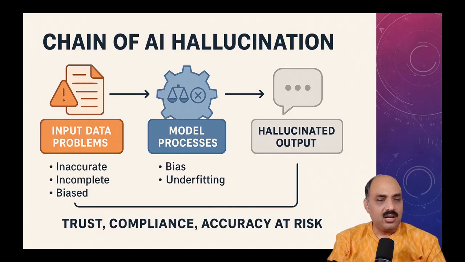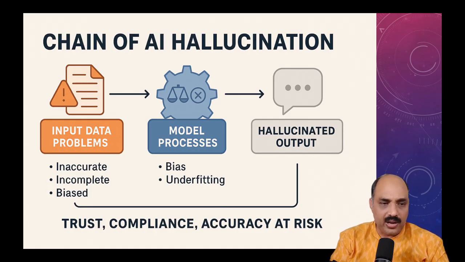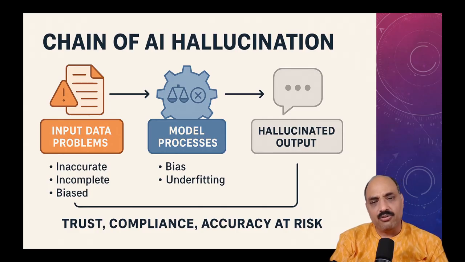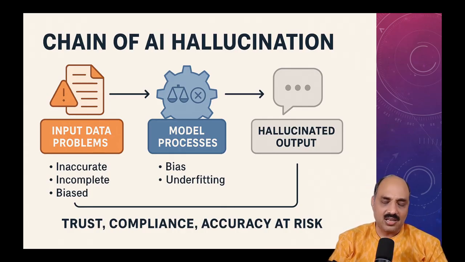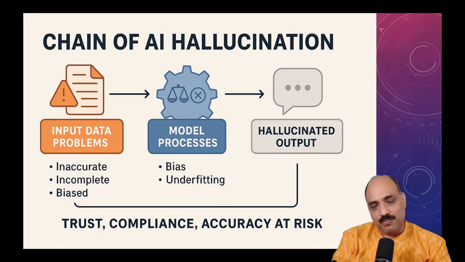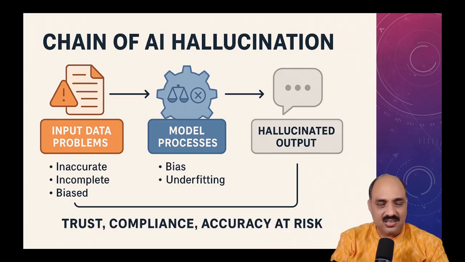When the LLM starts hallucinating, there is a break in trust, compliance, and accuracy. I will tell you an interesting story. I think we have covered it in our AI news bulletin as well. In an Australian case, a lawyer put out false citations of cases, which were hallucinated by the LLMs he was using. He did not cross-check, and his license was revoked.